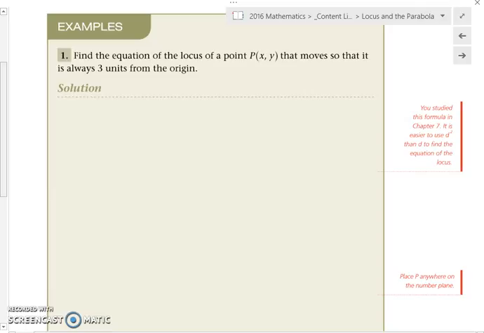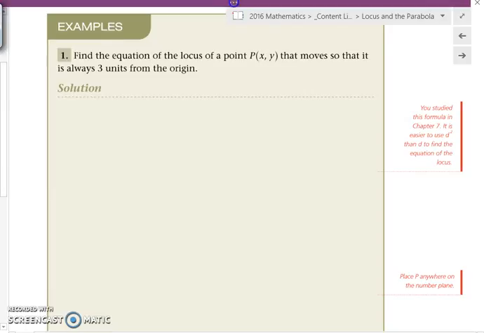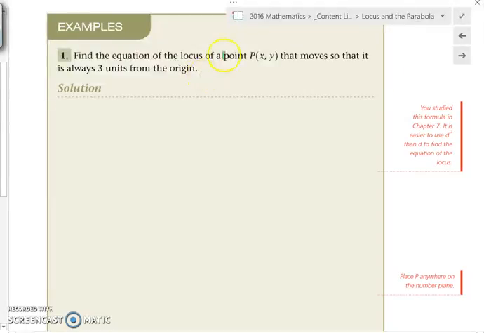So what I would like you to do is think back to a way to describe it before you actually start to worry about the equation. Don't freak out about that. Think about what that means. It's an equation of the locus of a point that moves so that it is always 3 units from the origin.